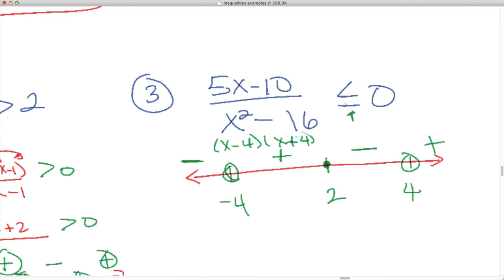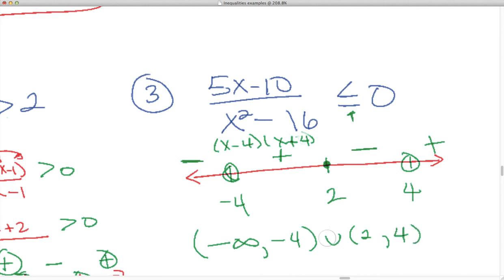So then this is asking for negative, so my final answer would be negative infinity to negative 4 parentheses union 2 to 4.